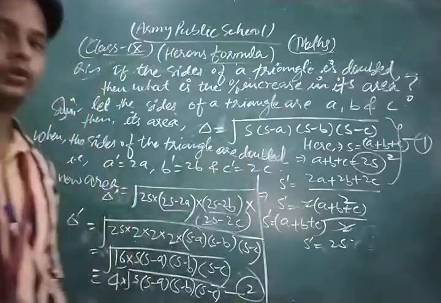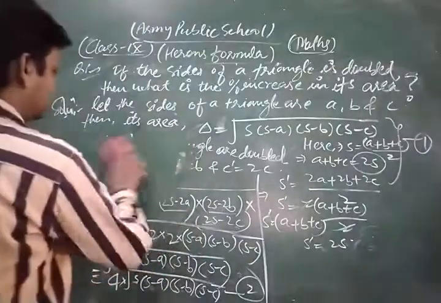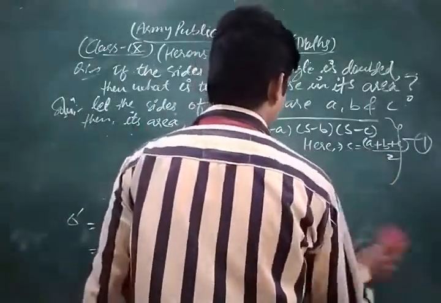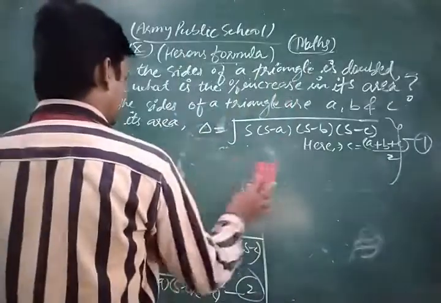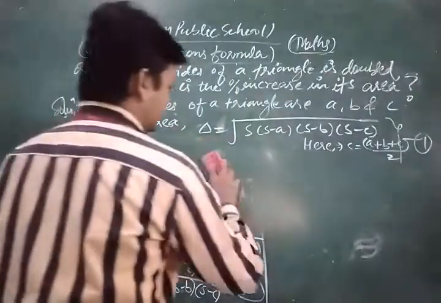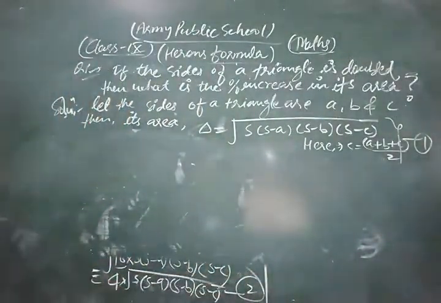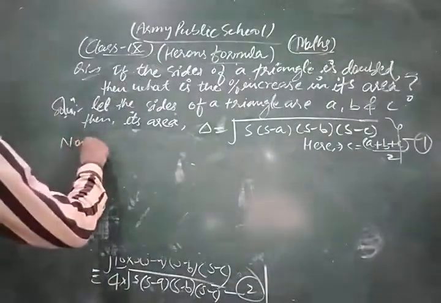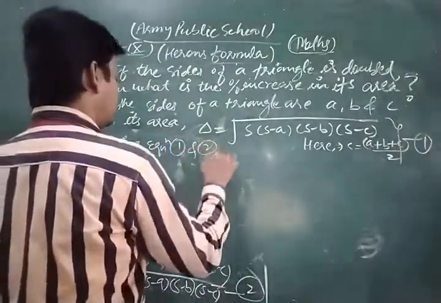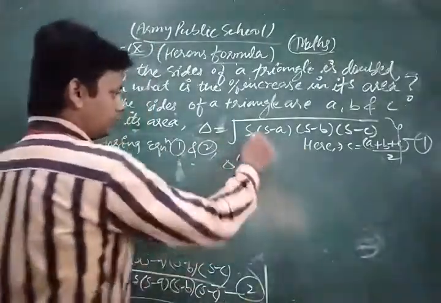Using equations 1 and 2, delta dash, the new area of the triangle, is 4 into delta.